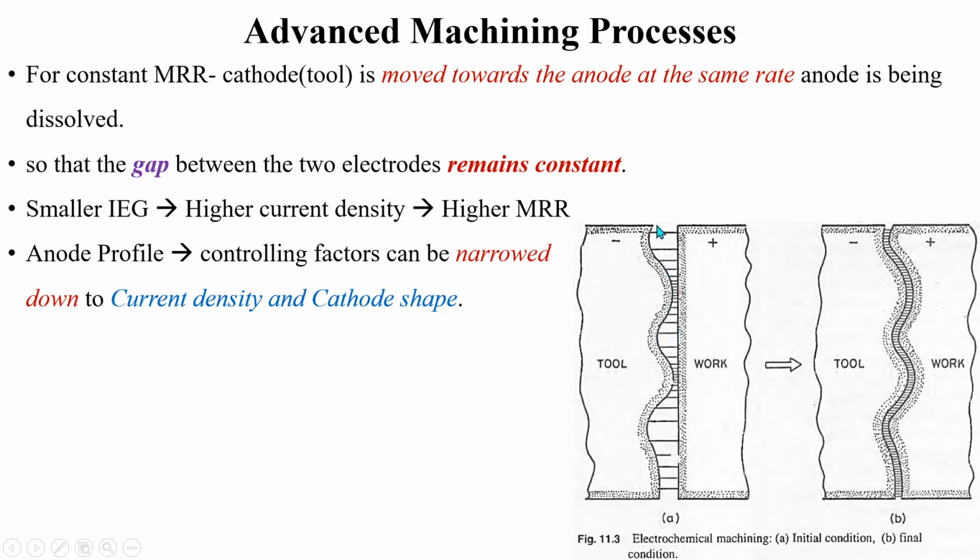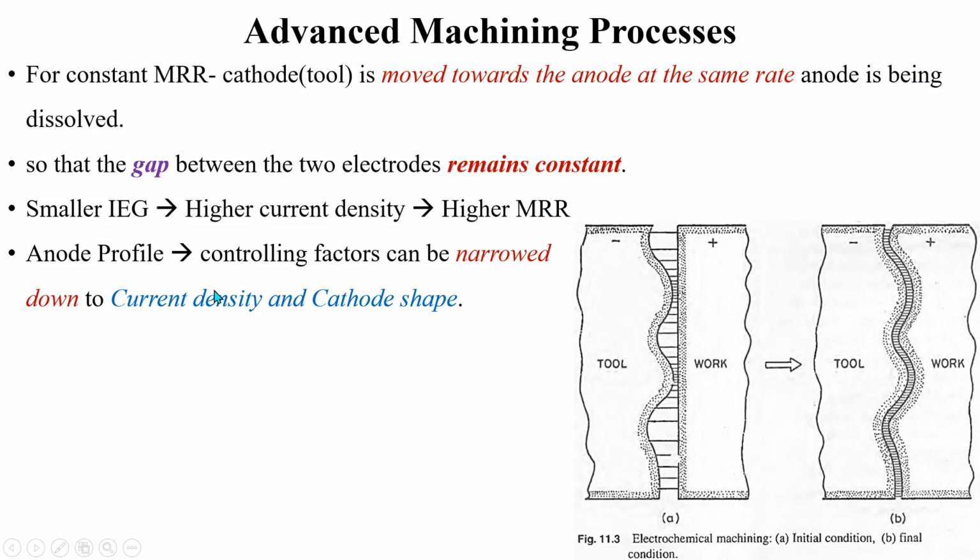So we can exactly replicate this contour onto the workpiece surface. Also we can maintain the gap between the electrodes constant by moving the tool towards the workpiece material at the same rate the anode is being dissolved. So smaller IEG gives higher current density, which in turn gives a higher material removal rate.